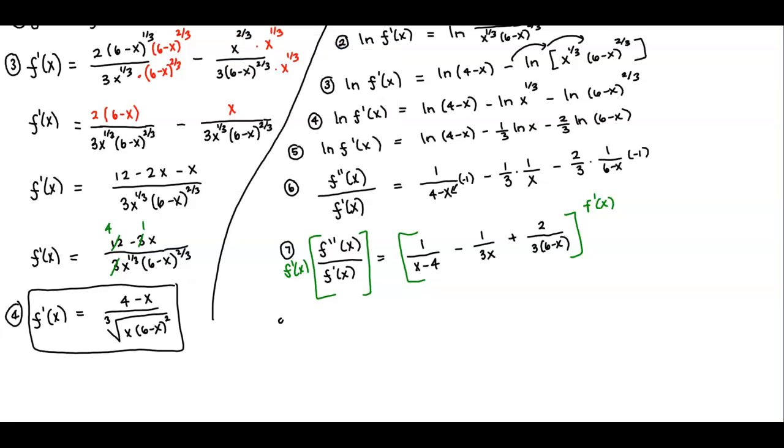So what that means is we can eliminate the f prime of x on the left, and so then we have f second derivative of x. Then we have f prime of x times 1 over (x minus 4) minus 1 over 3x plus 2 over 3 times (6 minus x).